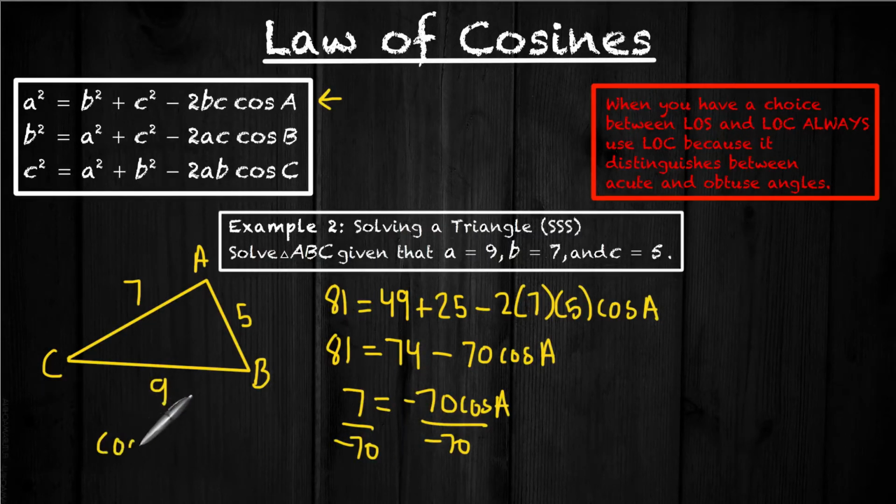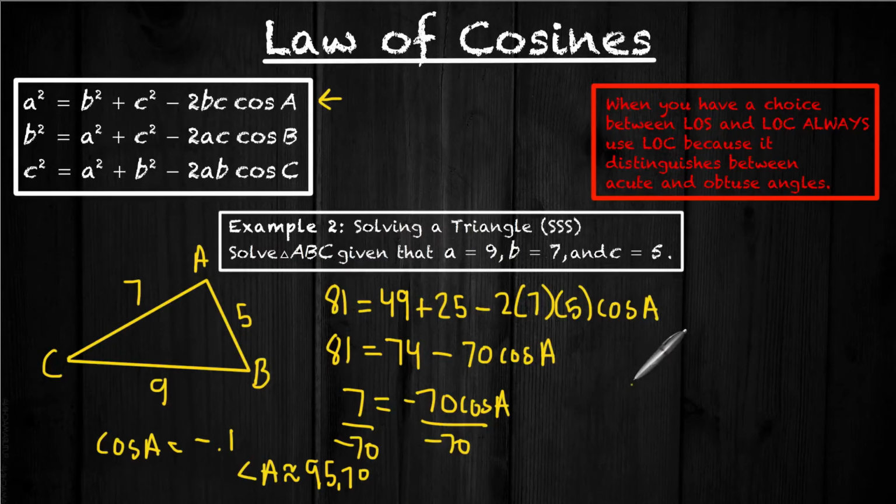So cosine of A is equal to negative 0.1. Inverse cosine of both sides to get the angle. And so angle A is going to approximately be 95.7 degrees.